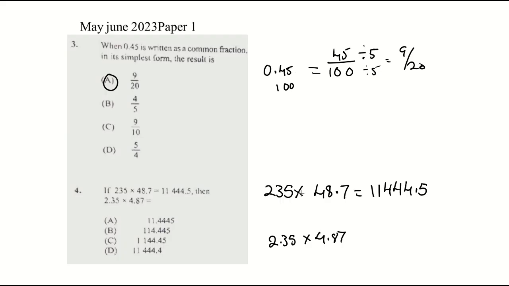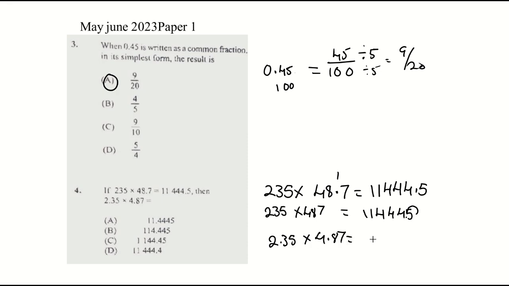Right, now what do we know about this? When multiplying decimals, we usually multiply the numbers as is. 235 multiplied by 487, and you would get this answer without the decimal point, 114445. Then you would count how many digits are after the decimal point and shift it back. That's how you would get your answer.